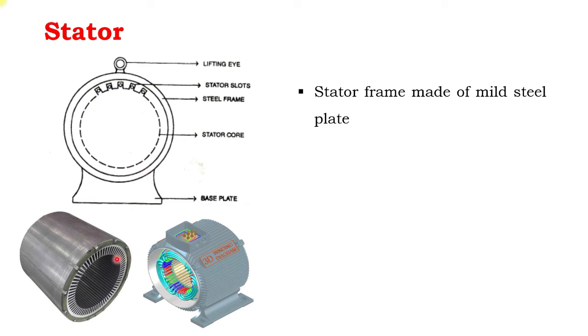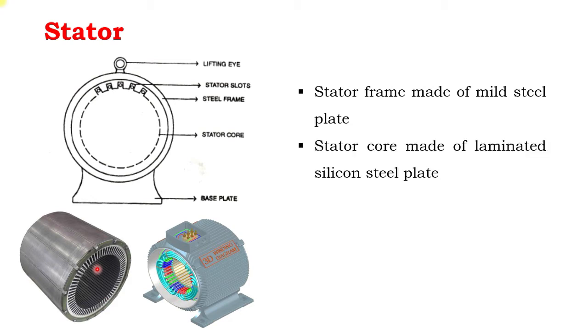The inner part of this stator is called the stator core. The stator core is made up of laminated silicon steel plates. They use silicon steel plates to reduce eddy current losses and hysteresis loss in the stator core. So we are using silicon steel plates that are laminated.